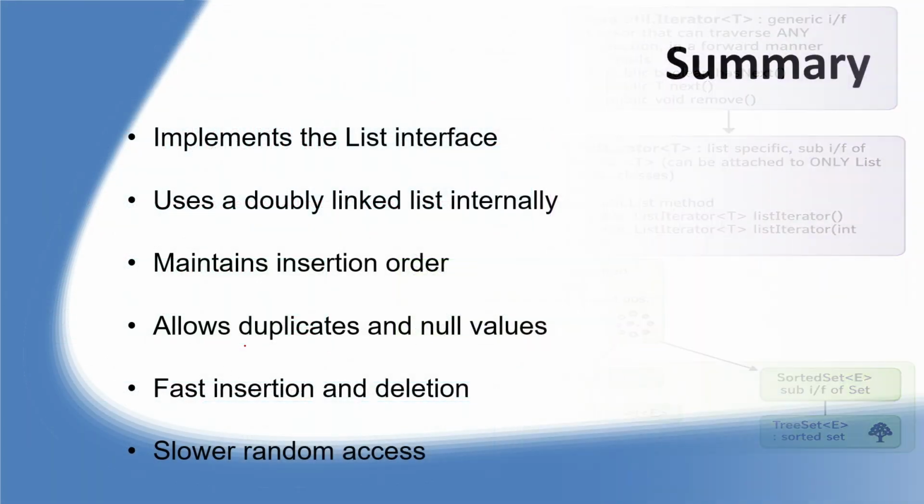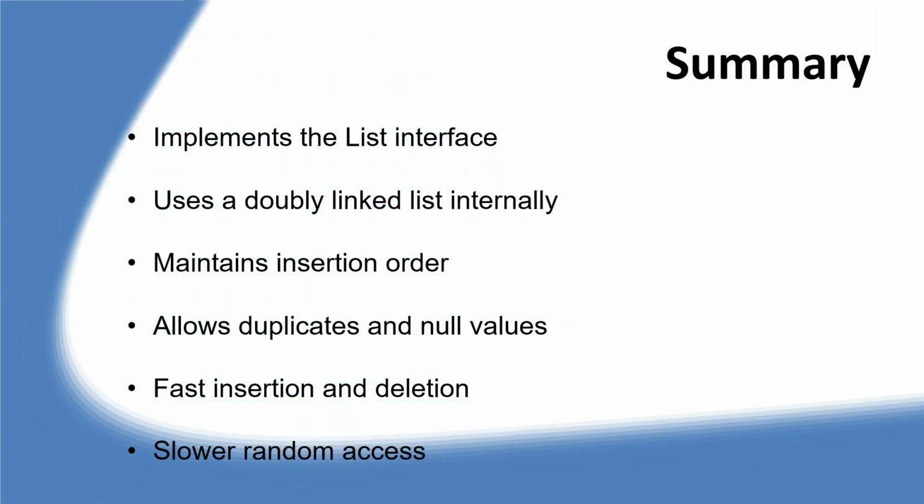Let's quickly summarize what we have learned so far. LinkedList is the implementation class which implements the list interface. It uses a doubly linked list internally. We have seen how a doubly linked list works. It holds two references, one is the forward and another one is the previous reference. It maintains insertion order.